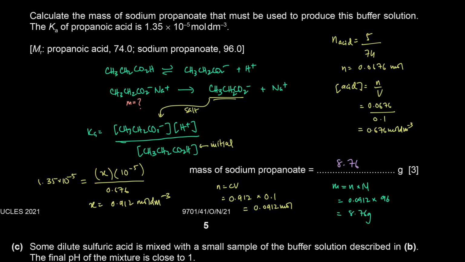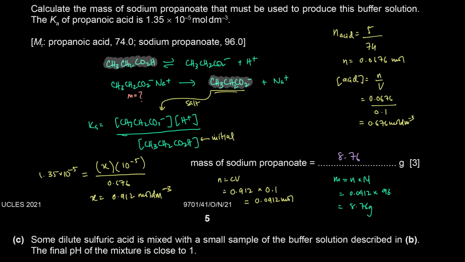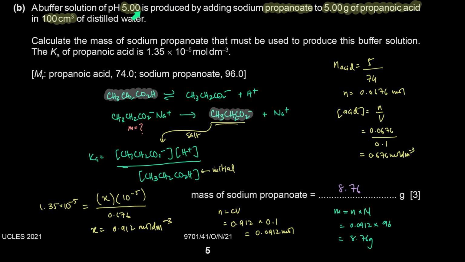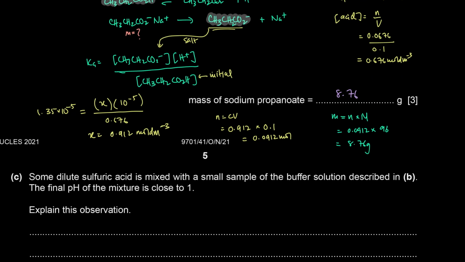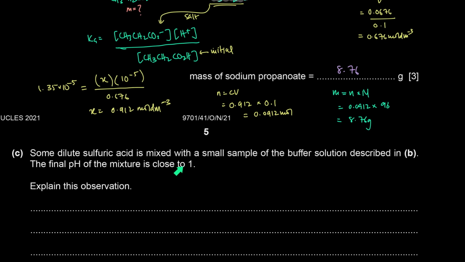The reason why is because we have fairly high concentrations of acid and fairly high concentrations of the conjugate base, right? It's resistant to additions of small amounts of acid or alkali. But in this case, we're going from a solution of pH 5, and when we add the sulfuric acid, we go to a pH of 1. In other words, we've added too much acid.